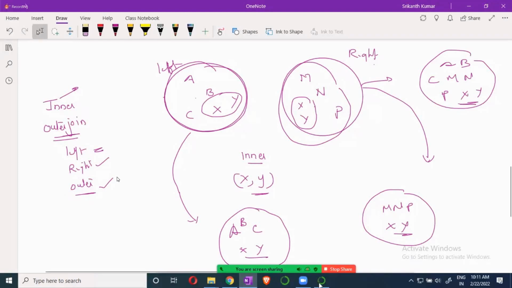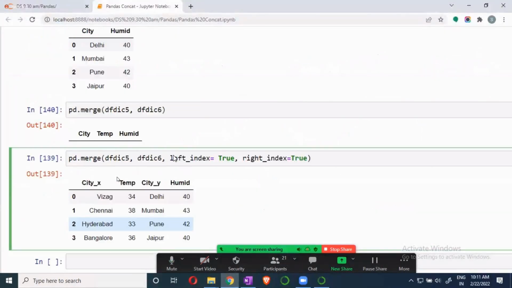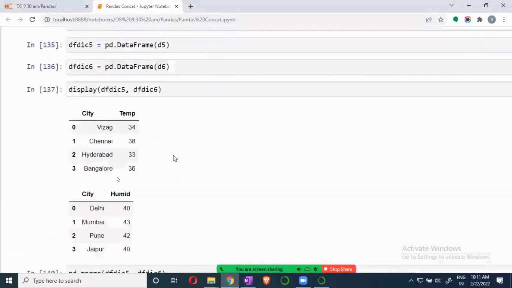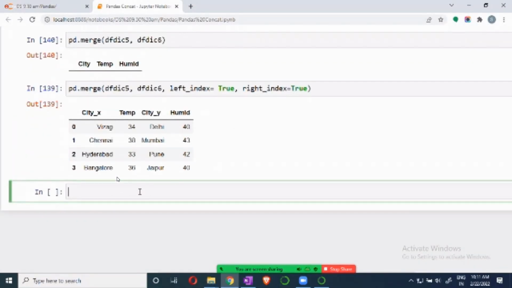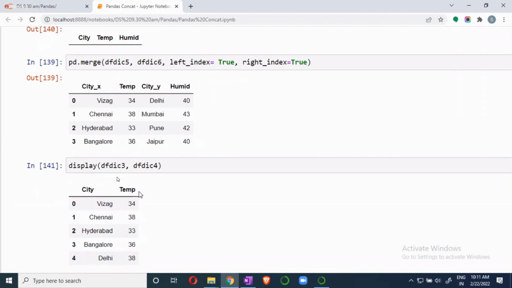Now, if you check our data frame over here, did I change it? I hope I didn't. It is df_dic3. Display df_dic3 comma df_dic4. Now you check.